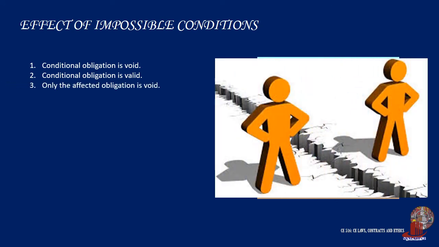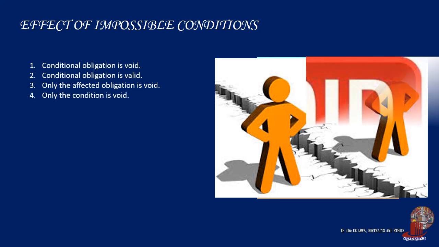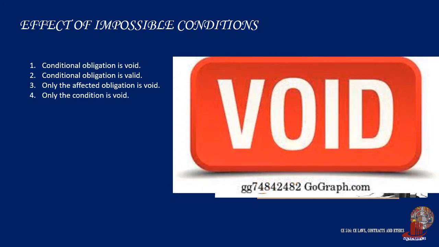If the obligation is divisible, the part thereof not affected by the impossible condition shall be valid. Lastly, only the condition is void. If the obligation is a pre-existing obligation and, therefore, does not depend upon the fulfillment of the condition which is impossible for its existence, only the condition is void.